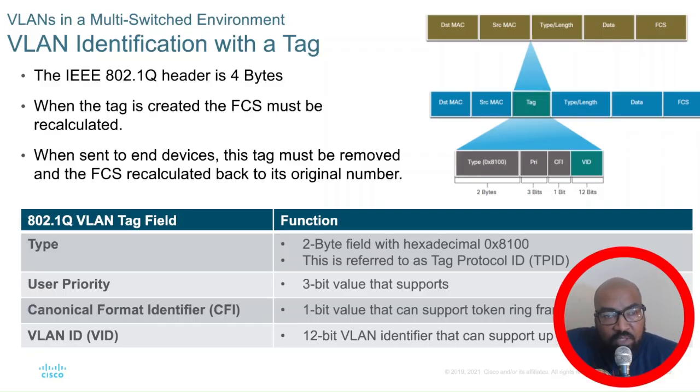When they get to the destination, they grab their bags, right? Very similar to how networks work with these VLAN tags. When sent to end devices, this tag must be removed and the FCS recalculated back to its original number. So there's a VLAN ID that gets tagged, okay?